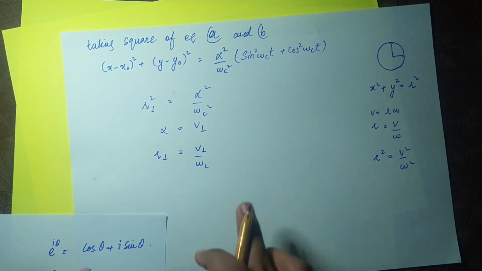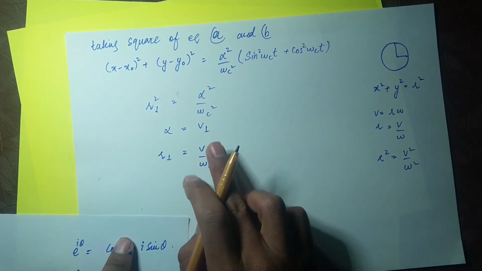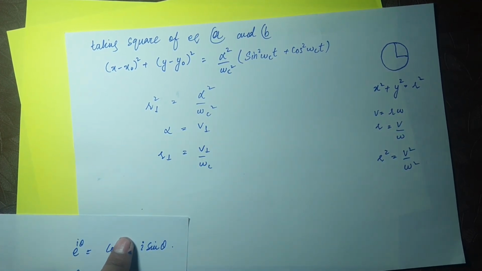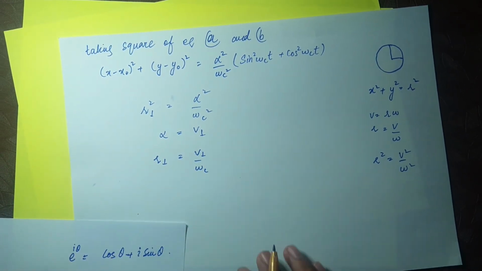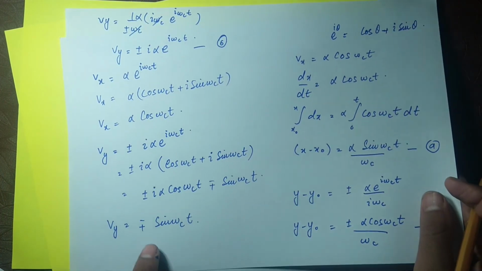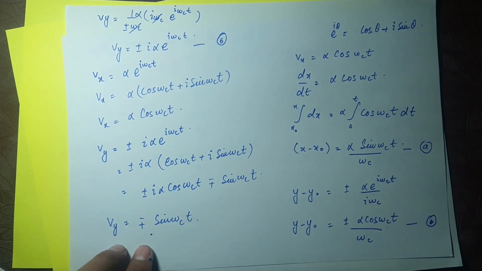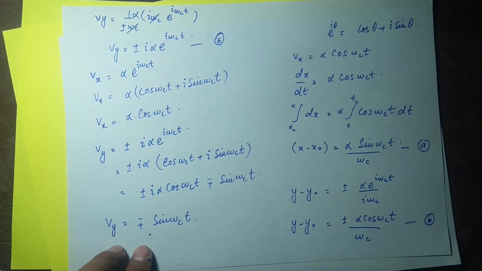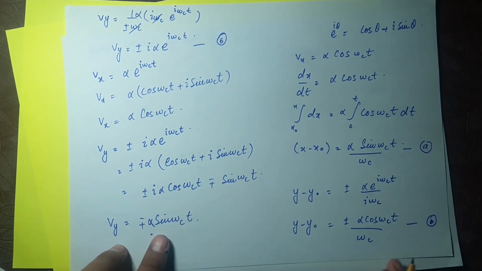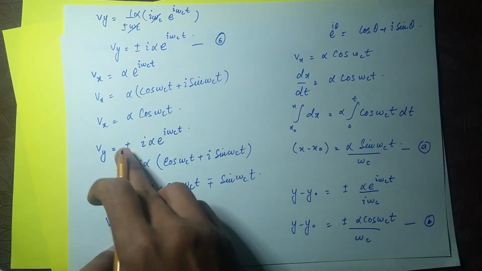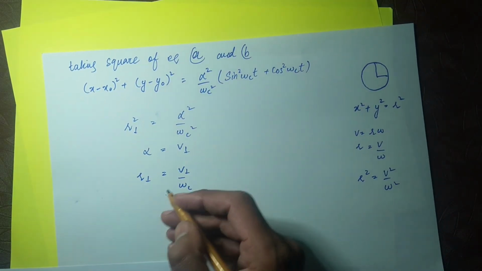If we have the alpha value, we can put this alpha in the different equations where we have it. Where is this v of y? v of y was equal to plus minus alpha sine of omega c t, and v of x was equal to alpha cos of omega c t.